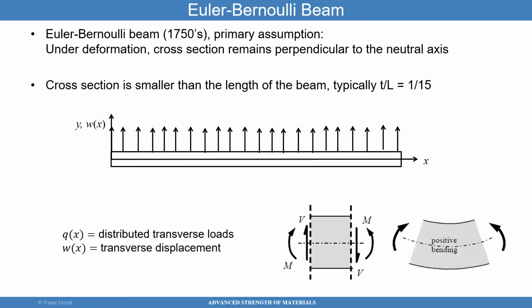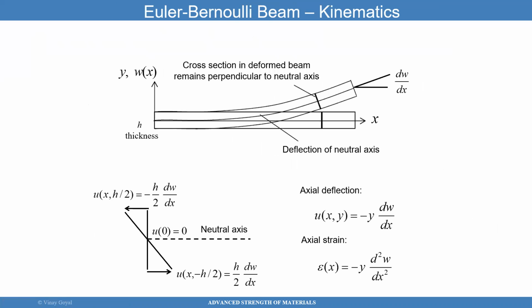And we made the assumption that the cross section remains perpendicular to the neutral axis during deformation. That's one of the assumptions we made. We also assumed that the deflections can be represented in a way that they're an explicit function of the slope in a linear way.